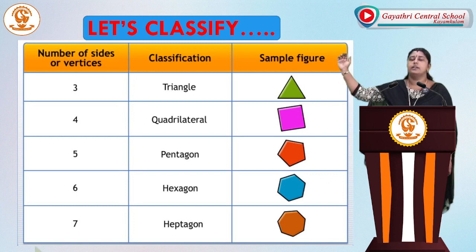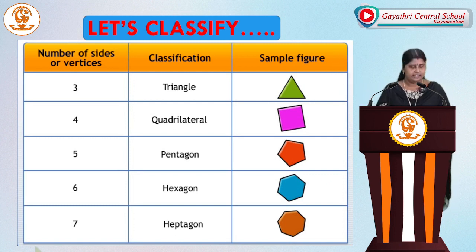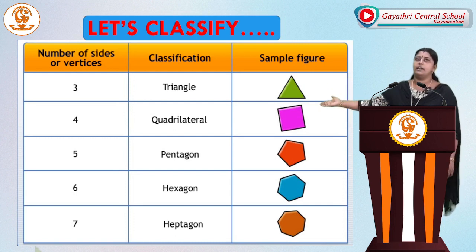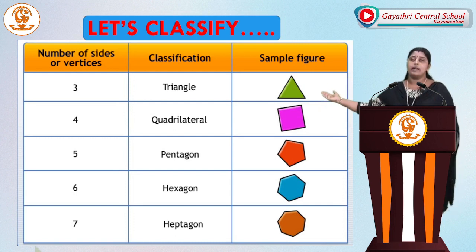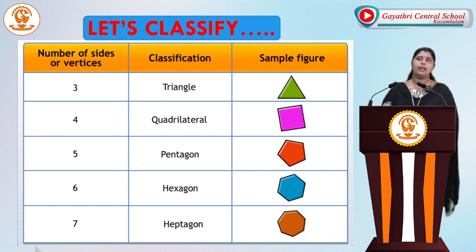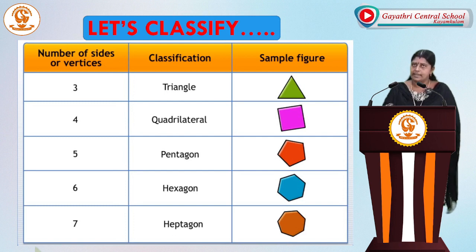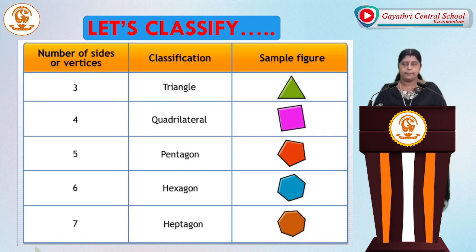Triangle. Then there is a four-sided polygon, generally known as a quadrilateral. And a polygon with five sides is a pentagon.